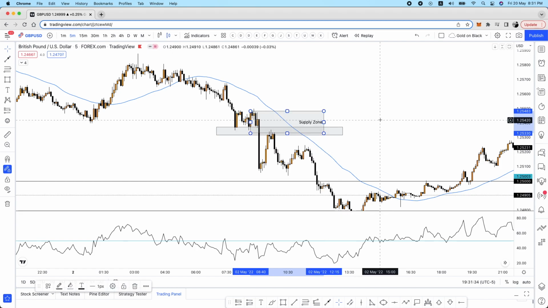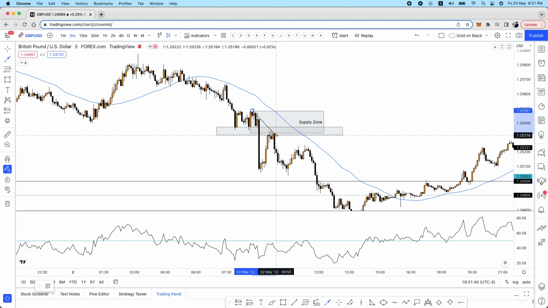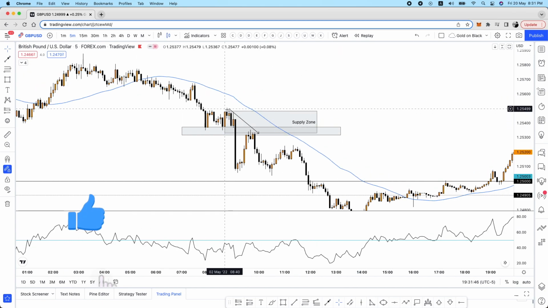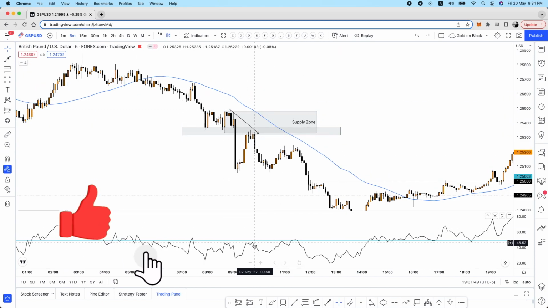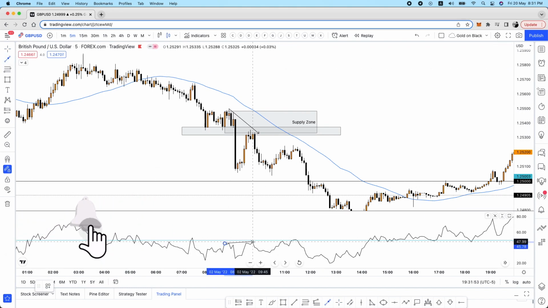So let's see if we have divergence. Very important, because we have to have the divergence. If we don't show any divergence, not a good thing. I should not be getting in. So the price is creating lower highs, and right here there is a divergence. It is very small, but it is a divergence.